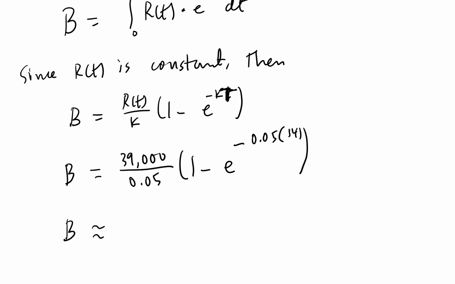This gives us 392,663. So the accumulated present value is given as $392,663.